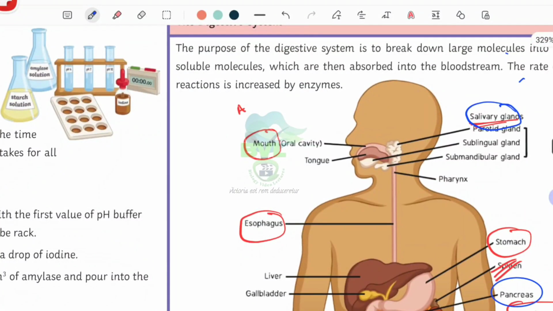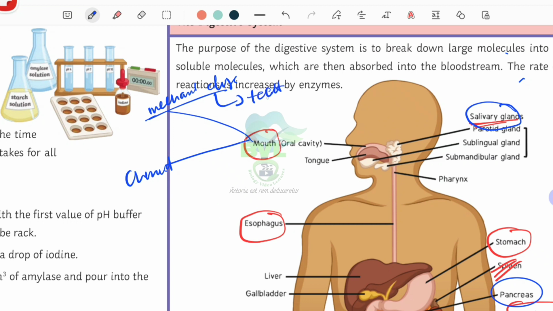In the mouth, you have two things happening: mechanical digestion and chemical digestion. Mechanical is happening through the teeth, which means you're physically breaking down the food. And chemical is happening through the enzyme in the saliva.